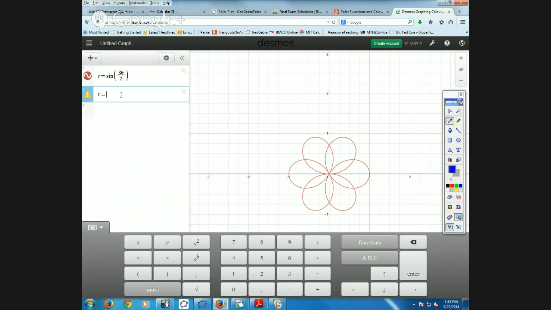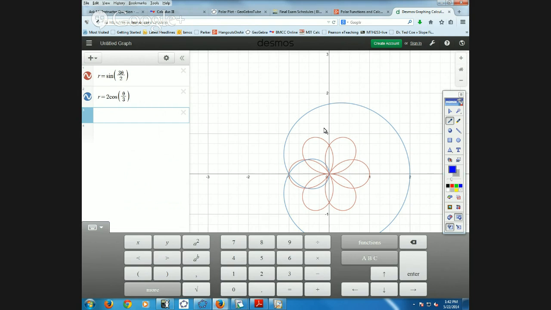If you do stuff with X and Y, it's going to assume rectangular. And then maybe you want to do the cosine. To get theta, you have to hit this more button, and then you'll get theta. So then you can do stuff with theta. I could put a 2 out front here, make it bigger. I could do stuff like divide theta by 3 and see what happens. So it does a pretty easy job graphing with polar.